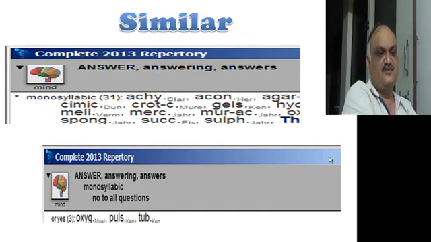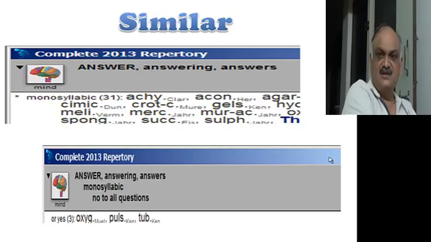So when we are searching for this expression in repertory, we are making so many mistakes. So first, either our search is similar to the rubric expression, and these are the similar expressions, similar rubrics from the repertory, like answers monosyllabic.